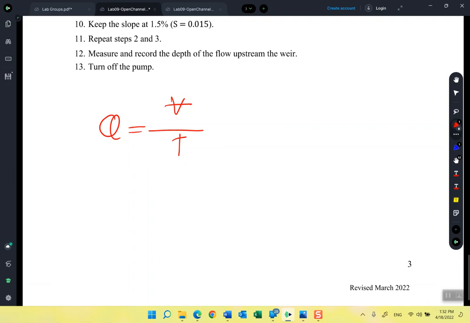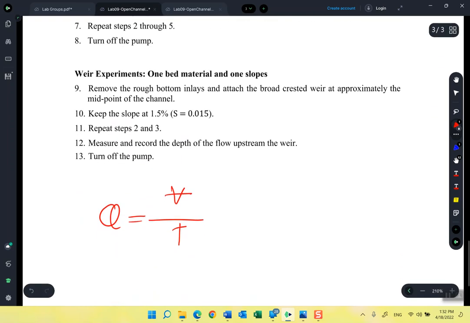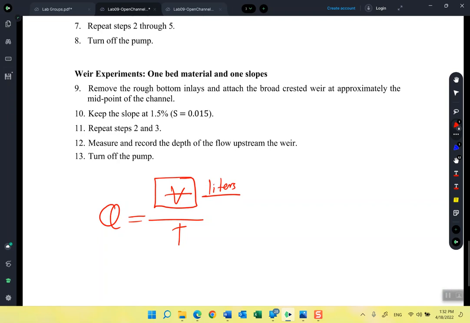If you know the volume of this tank and the time this tank needs to be filled, you can divide these two values to get the discharge rate, right? So what the calibrated basin does in our case is give you an estimation of the volume in liters. To get the flow rate, you will have to use the stopwatch to check the time it takes between the initial and the final position, and this will be in seconds.